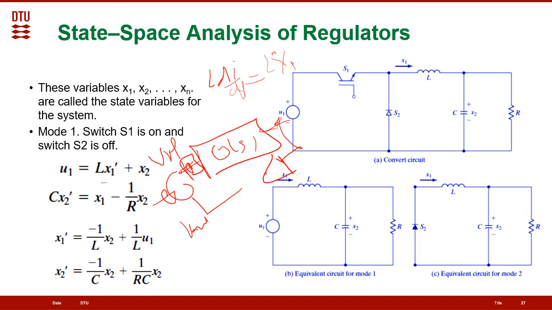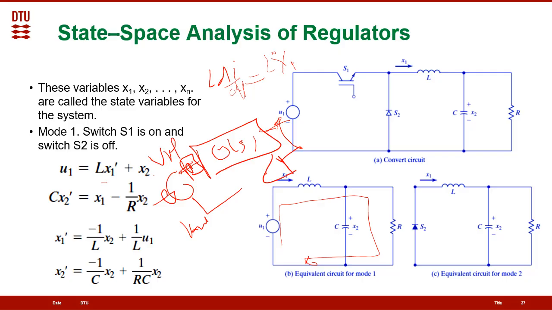The voltage across the capacitor, we have said, is equal to x2. So this is the first equation.